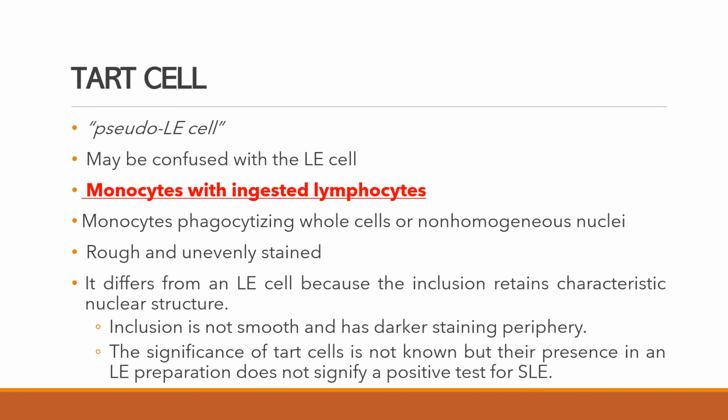The inclusion is not smooth and has a darker staining periphery. Although the reason why tart cells are present in the smear is not known, their presence in an LE prep does not signify a positive test for SLE.